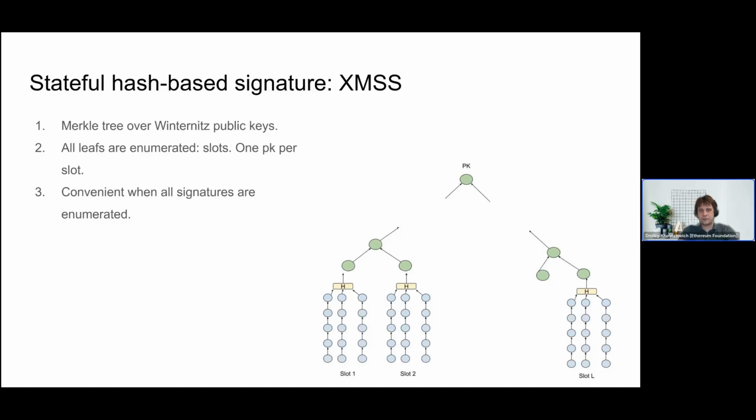So the second important thing is that we can call our hash-based signature stateful, which means that when we talk about signing blocks, all slots are enumerated, and basically for every validator, we just know the actual slot they are going to sign.